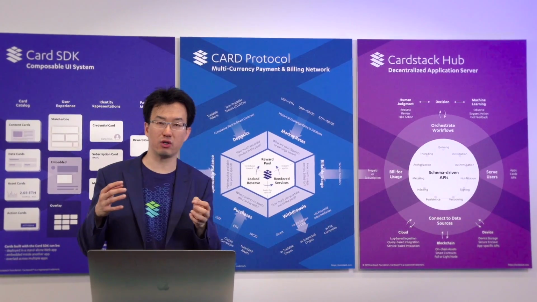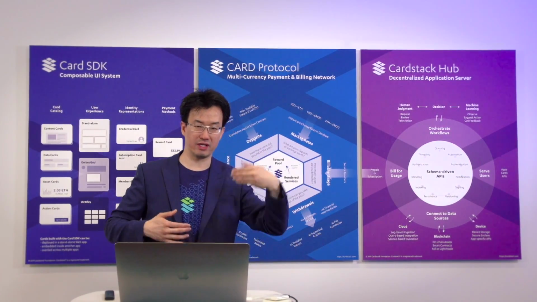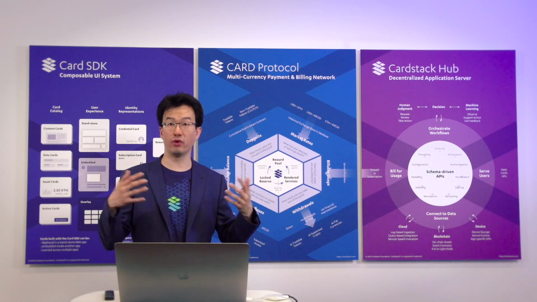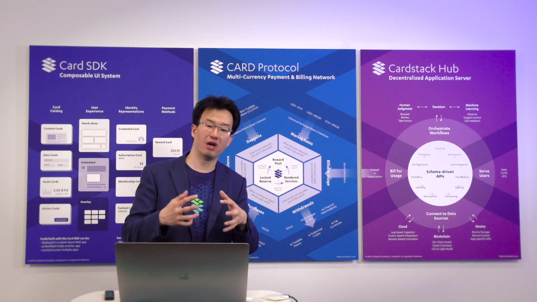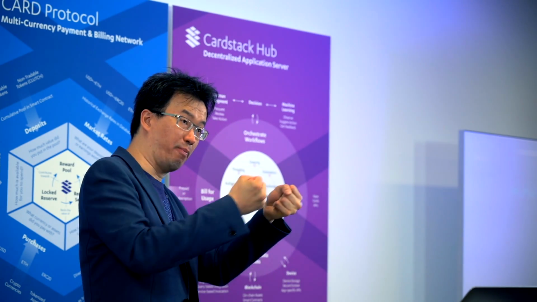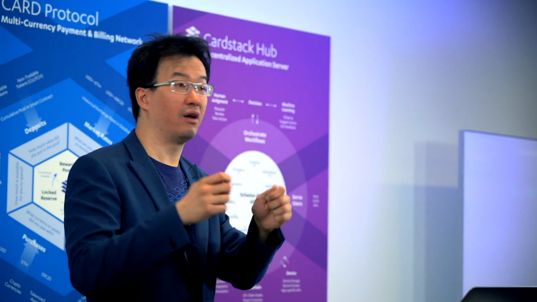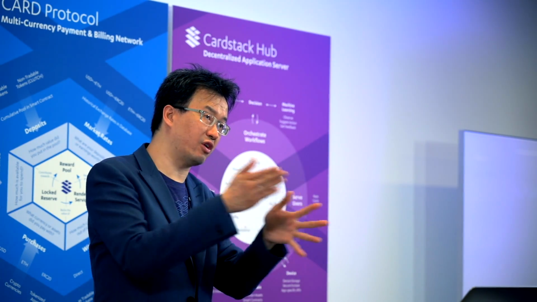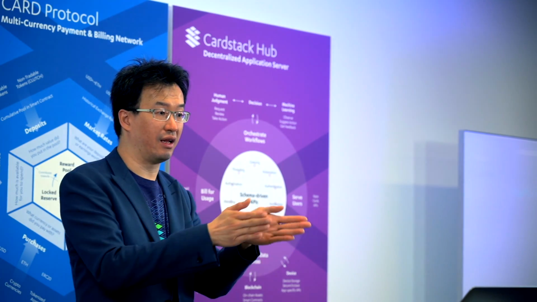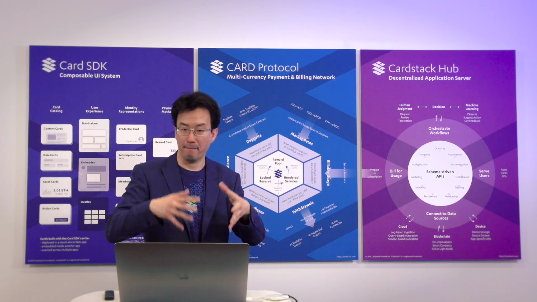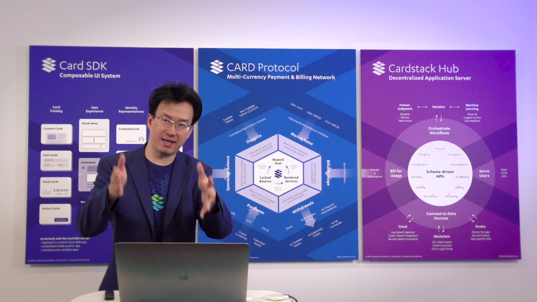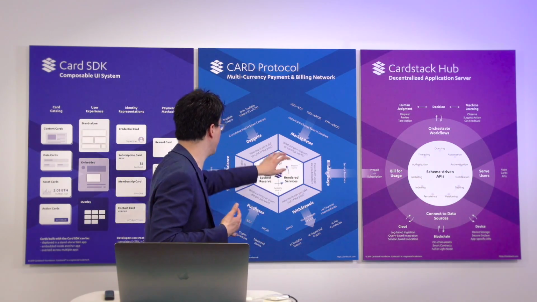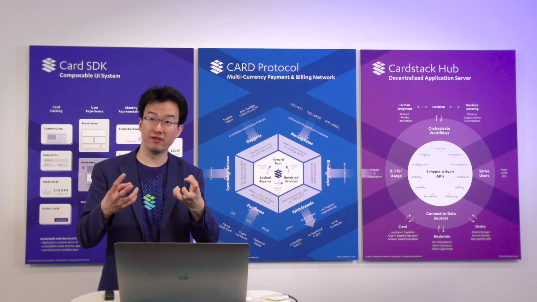If you want to pay with not just a certain type of token, let's say the card token or DAI or ETH, but you want to pay with USD, we have to figure out how much that token was worth when you purchased it, and how much that currency is worth when you perform the service that cost the billing, so we can shift the risk between the buyer and the seller so that it's as if they were exchanging money, currency, or token at the time of the performance of that action.